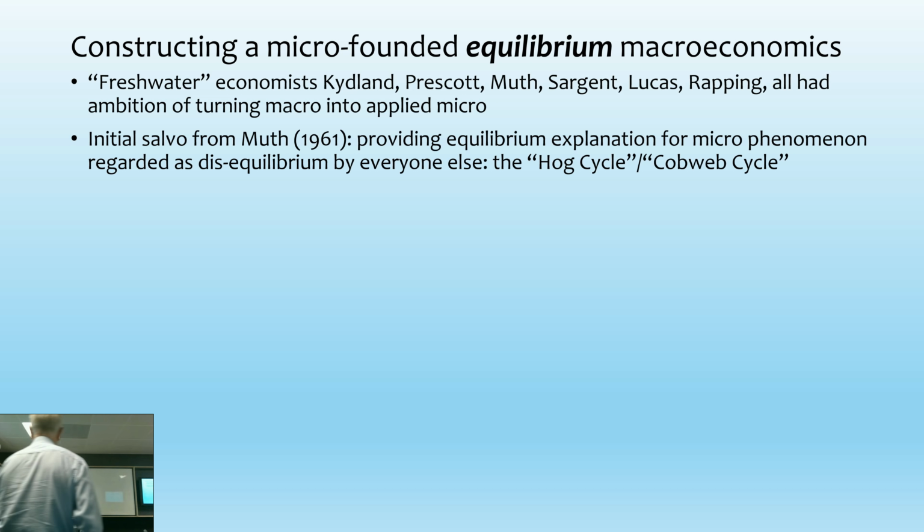And there's a character who's not been forgotten in neoclassical circles. In fact, I went to a session of the American Economic Review some years ago, which was the anniversary in 2011, the 50th year of the Muth paper. And all the people were congratulating themselves on rational expectations.